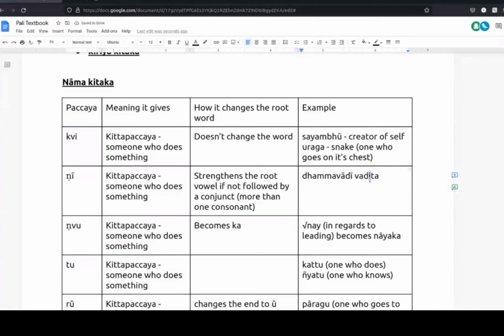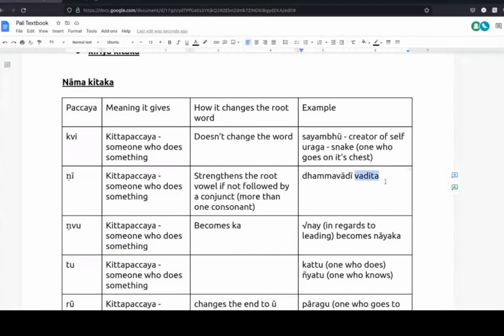And I hope there's one somewhere. If there's not, I'll go over this again. But the e here implies the passive, but it's another ending that I'll go over in a bit. My only point being is that there are other forms where you use the root vad, but you use it in a passive sense. So the root vadita is something that was, the thing that you're referring to was spoken. Here, the thing that you're referring to is doing the speaking.